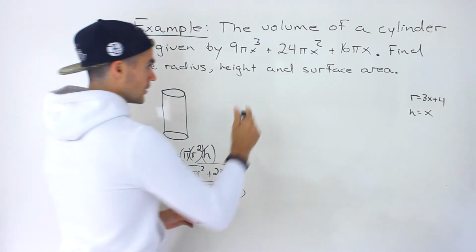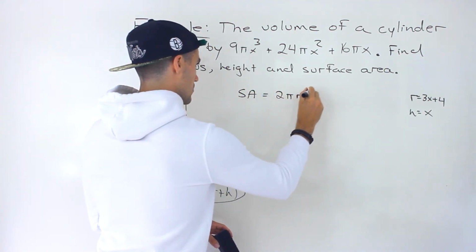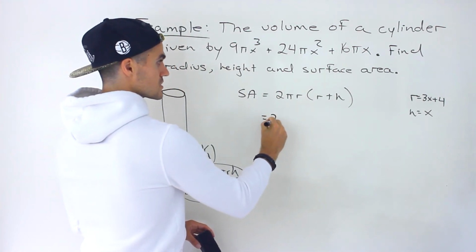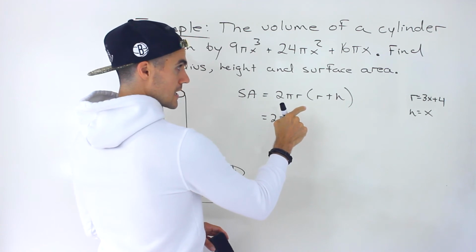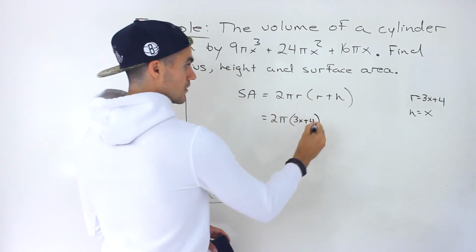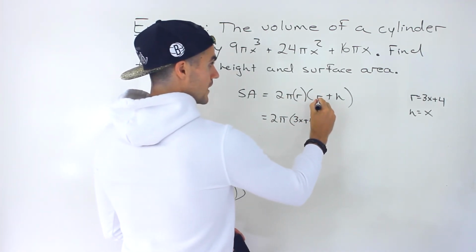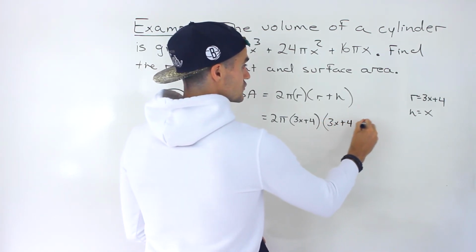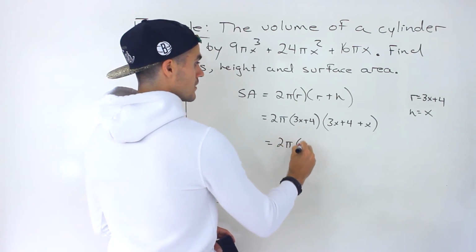So that's one way to go about it. The way I'm going to go about it, I'm going to use that other formula because it's already factored here initially for us. So we'll just have 2 pi, the radius, which is 3x plus 4. This bracket is this bracket. And then we'll have the radius plus h, so 3x plus 4 plus the h value of x. So we'd end up with 2 pi times 3x plus 4.